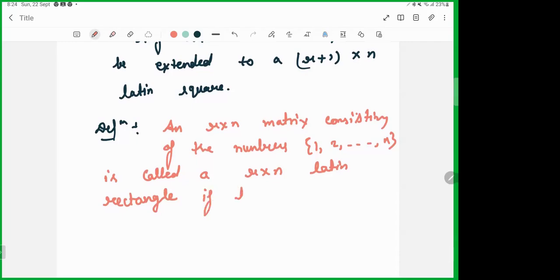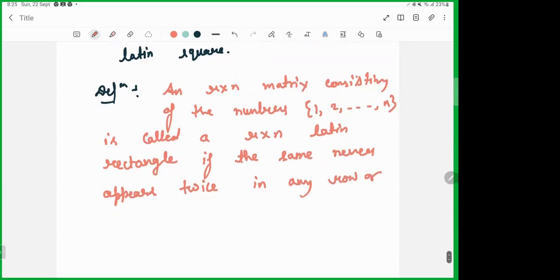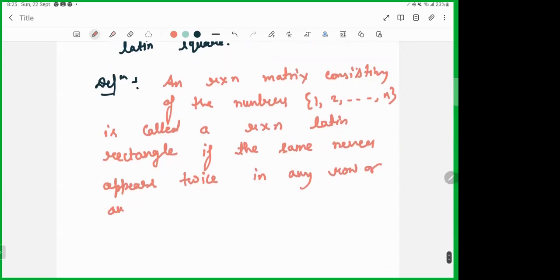if the same number never appears twice in any row or any column.